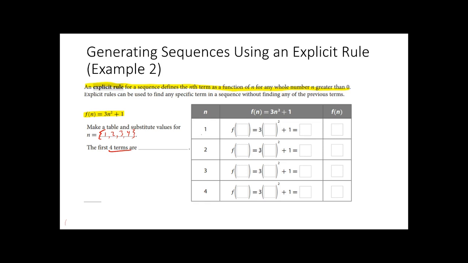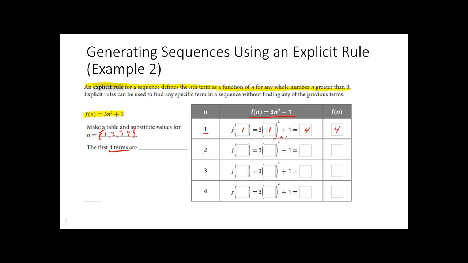For our first term, we plug it into the explicit rule f of n, which equals 3n squared plus 1. We substitute, just like when we did graphing or understanding functions. 1 squared is 1 times 1, which is 1. 3 times 1 is just 3, and 3 plus 1 gives us 4. So f of 1 will equal 4.